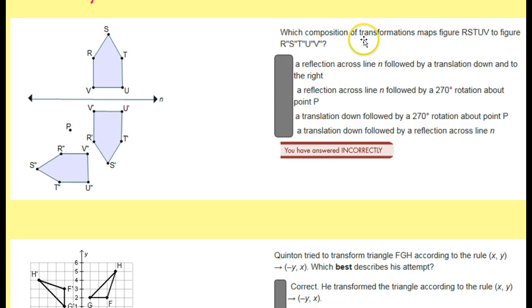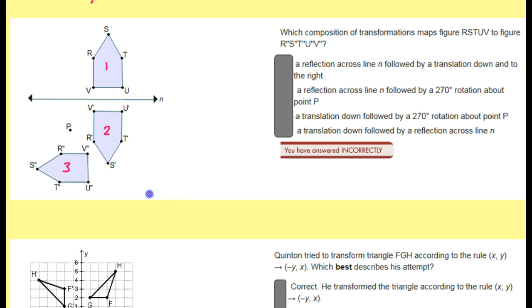Which composition of transformations maps RSTUV to figure R double prime, S double prime, T double prime, U double prime, V double prime? Again, pay attention to the order of things. This is the original, this is the second picture, and finally this is the third picture.